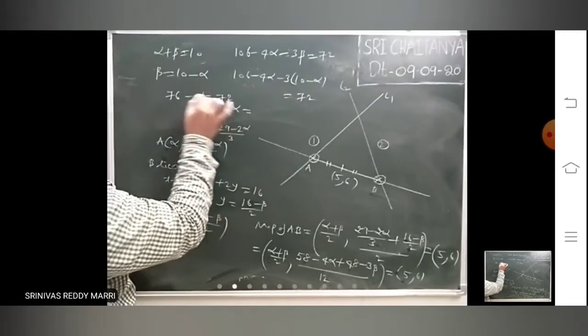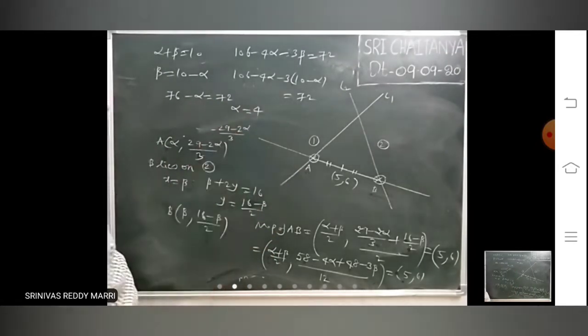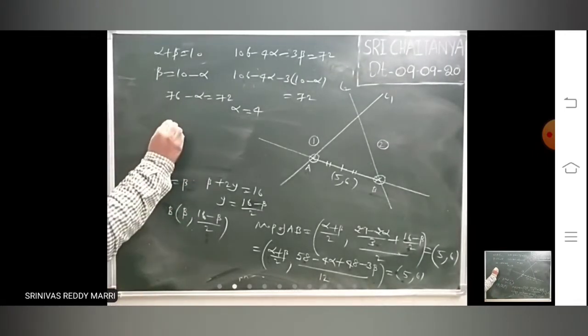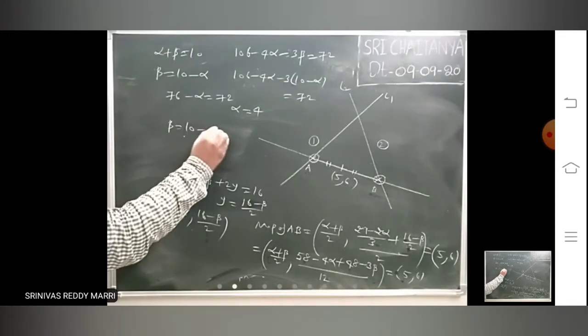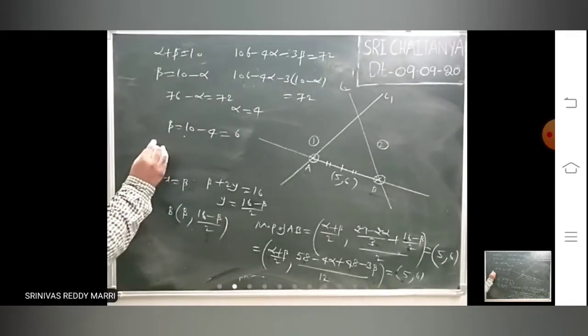So therefore alpha you will get 76 minus 72, 4. So alpha you got, then beta. Beta is nothing but 10 minus 4, that is nothing but 6. So therefore alpha is this, beta is this. You can calculate what is the A point. So what is the A point?